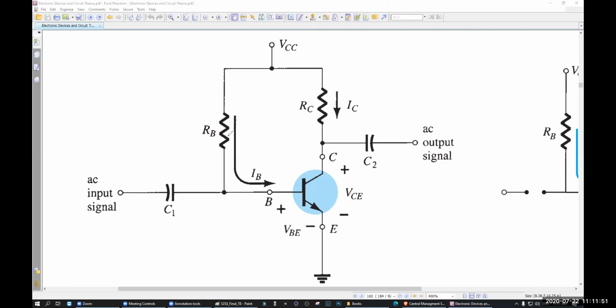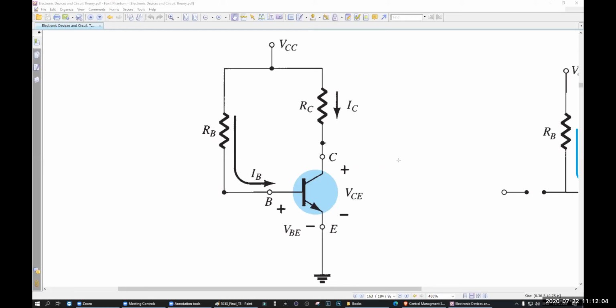So if they block DC, what will happen? This will happen. Something like this, a circuit like this.